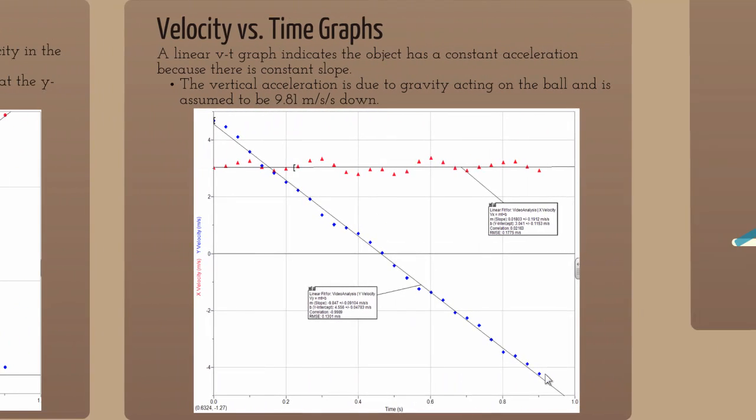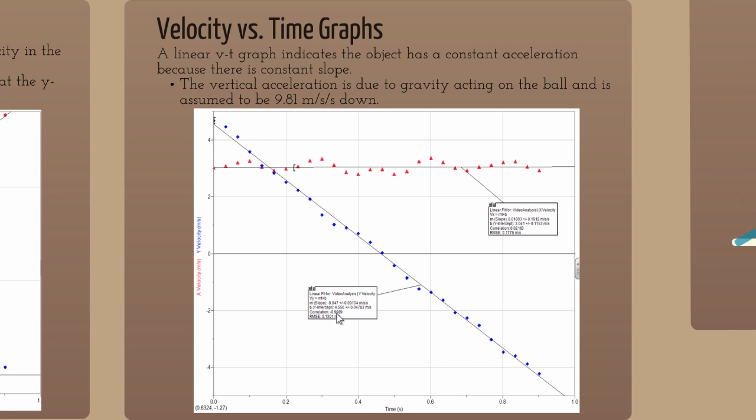So let's move over to the velocity time graphs. The linear graphs tell me that the velocity is changing constantly. If I look at my blue, which is my Y velocity, my velocity in the vertical direction, it is a straight line, a linear function. When I did a trend line or a line of best fit, the slope of that line was negative 9.847.